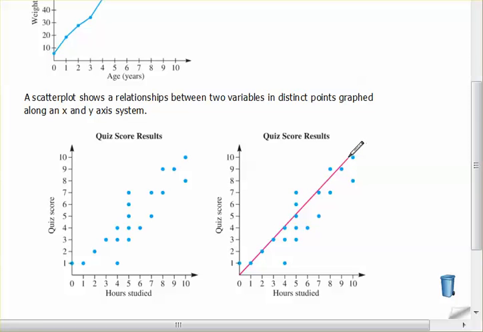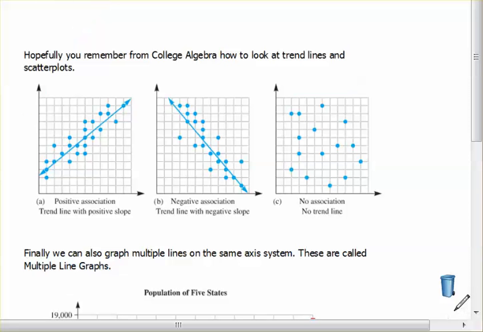So it's also called trend lines that would show us how these things are related to each other, how the hours studied are related to the quiz scores. So we can get a general idea that if you study more, your scores should be higher on the quiz. That should be kind of self-evident, but it's nice to be able to see that mathematically in a trend line.